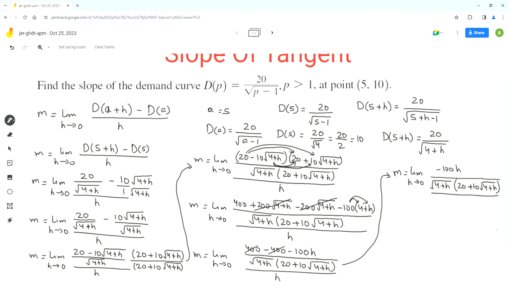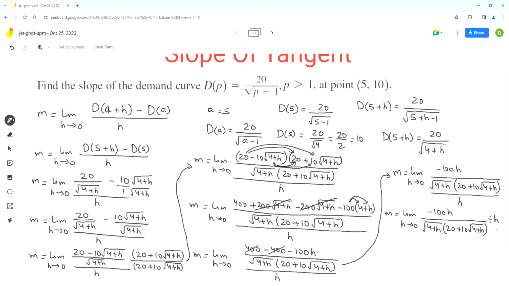over h. Now we have to simplify this expression. So we have a fraction over h. So the first step is to write this as a division statement. So as a division statement we can write negative 100h over square root of 4 plus h times 20 plus 10 square root of 4 plus h divided by h.